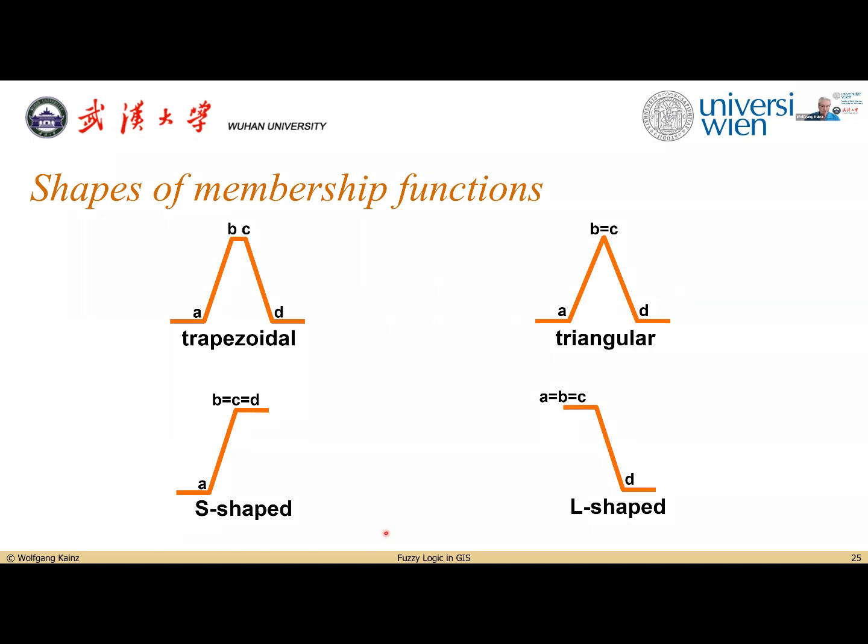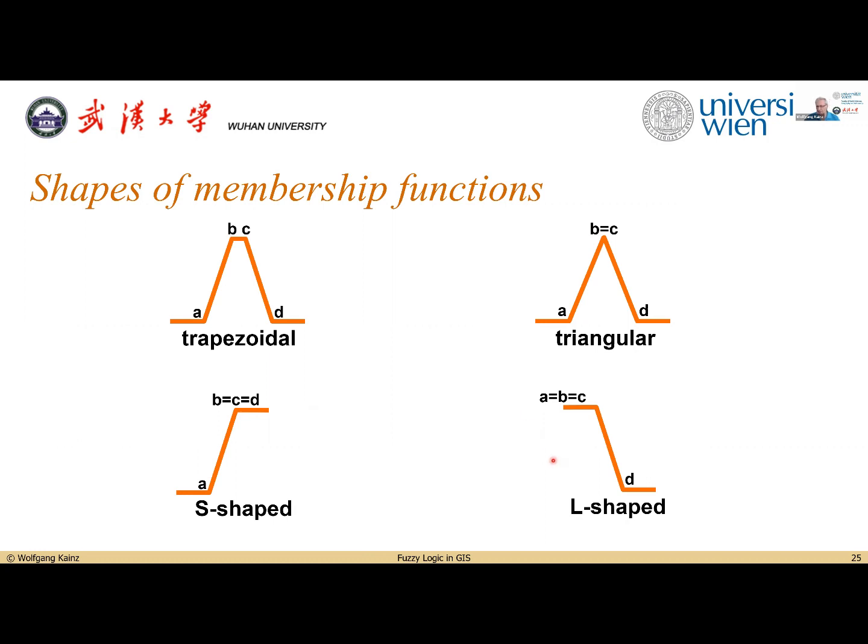And then we look only at the left side of our membership function, meaning only the ascending part. So up to a certain parameter, it's 0, then it increases until 1, and from there on, it stays 1. This is called an S-shaped membership function because somehow this shape of the function resembles an S.